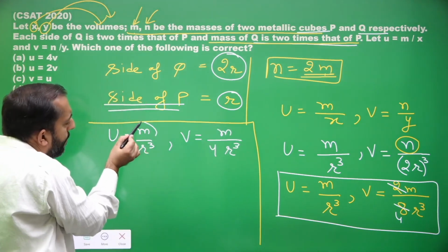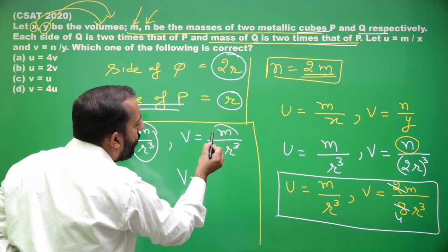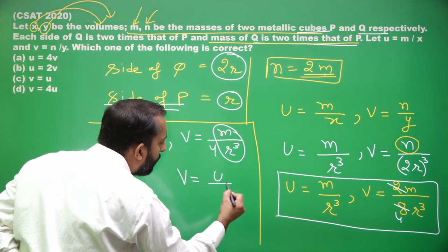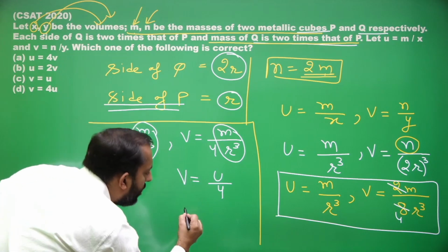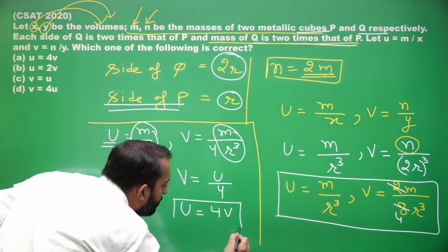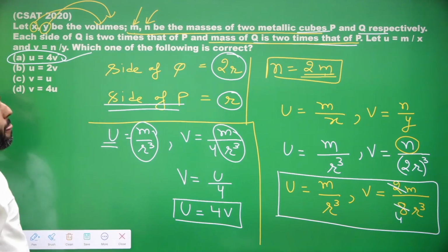Now, M upon R cube is what? It is U. So replace this M upon R cube of V with U. So V becomes U upon 4. Like rearranging it, U becomes what? 4V. So option A is the right choice here.